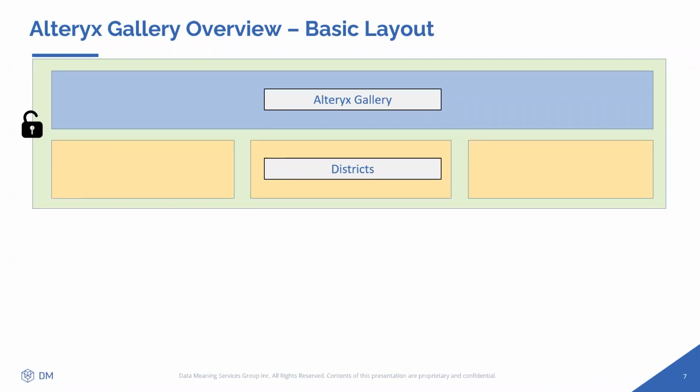So for example here, for the users that are just connecting for the first time to the Alteryx Gallery, maybe you can create a district with examples of workflows, examples of outputs, or you can have a district related to a specific public project that everyone can have access to.